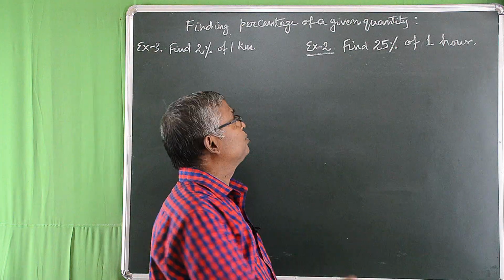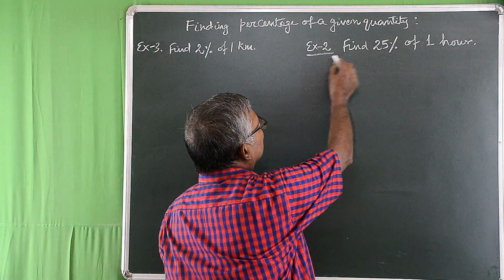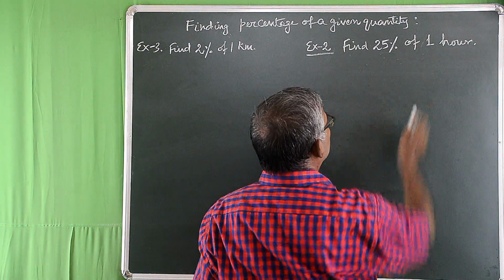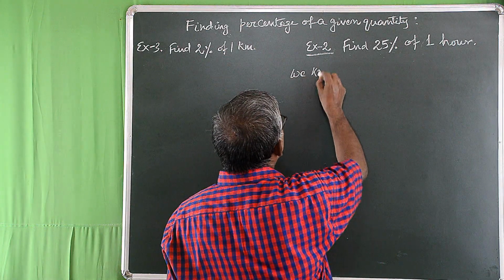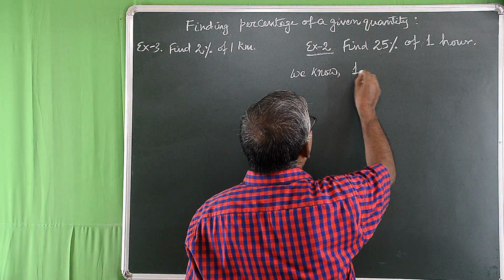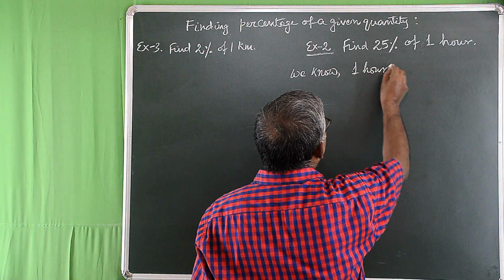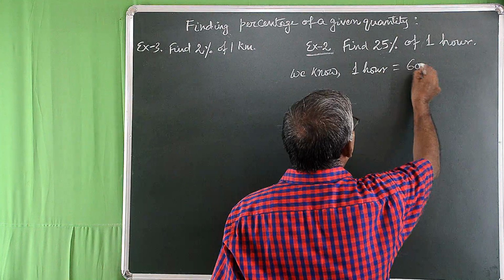Let us consider the second problem. Find 25% of 1 hour. We know 1 hour equals 60 minutes.